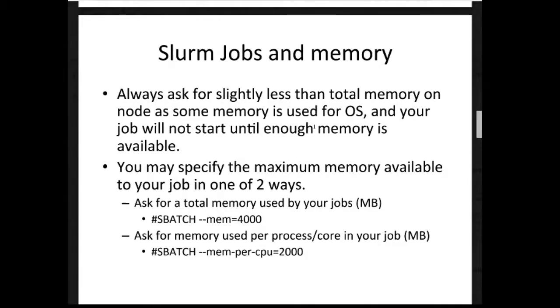So if you do sbatch --mem=4000, you're going to get 4,000 megabytes of total memory for your job. If you ask for sbatch --mem-per-cpu=2000, then you'll get 2,000 megabytes per CPU, or per processor, per core.